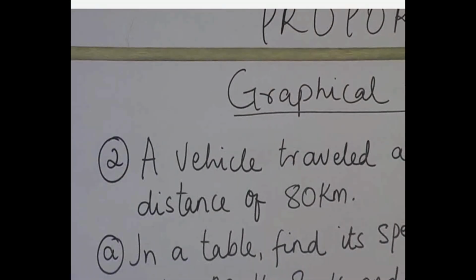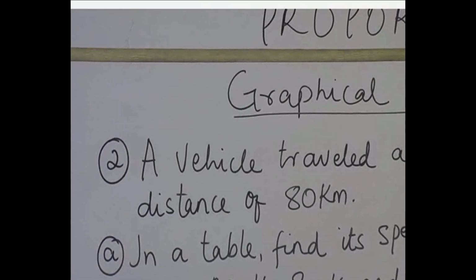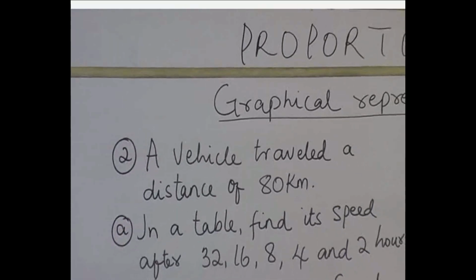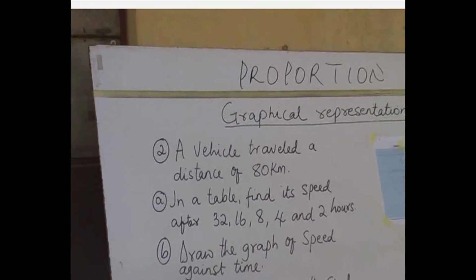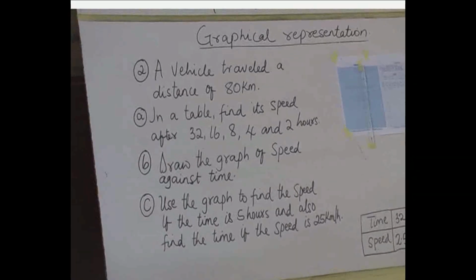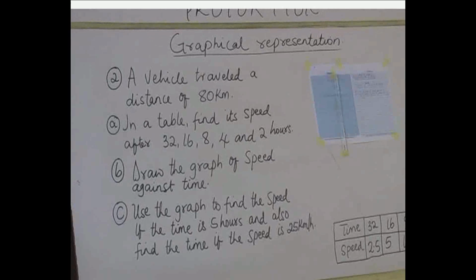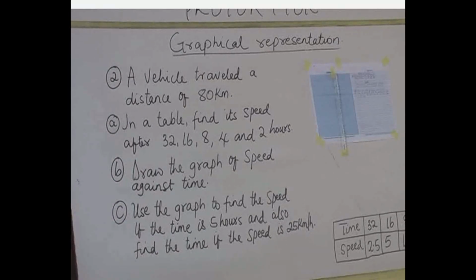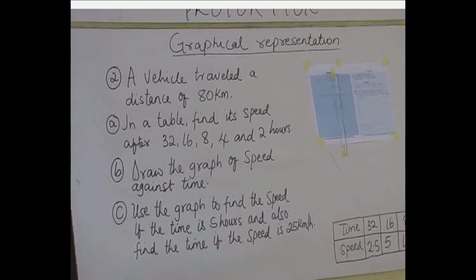Let me take it back so that you see the questions clearly. Okay, this question that says A, in the table find its speed after 32, 16, 8, 4 and 2 hours.